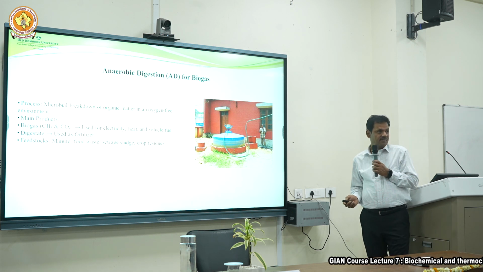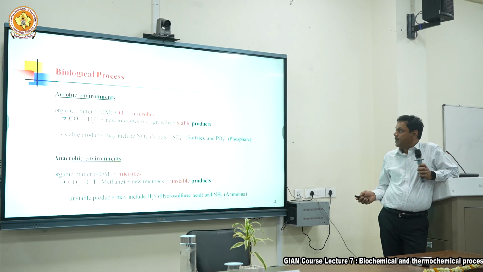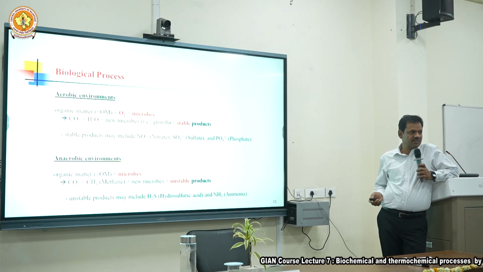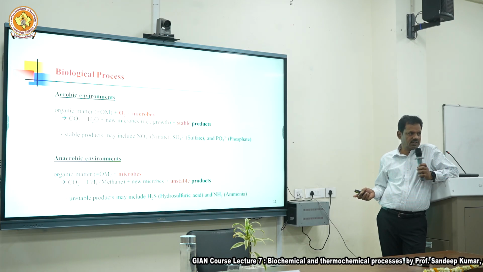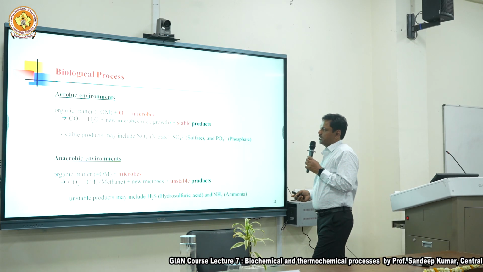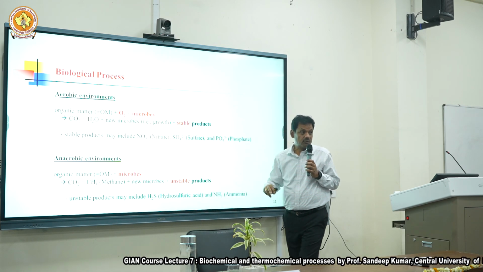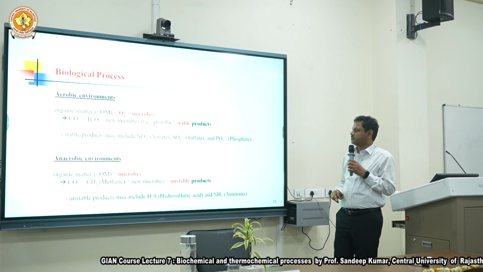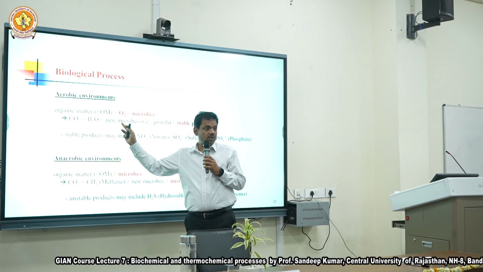Anaerobic digestion, right? Most of you know it very well. There are two kinds of setup, aerobic or anaerobic. If you have organic matter under aerobic conditions, what product are we going to get? CO2 and water.